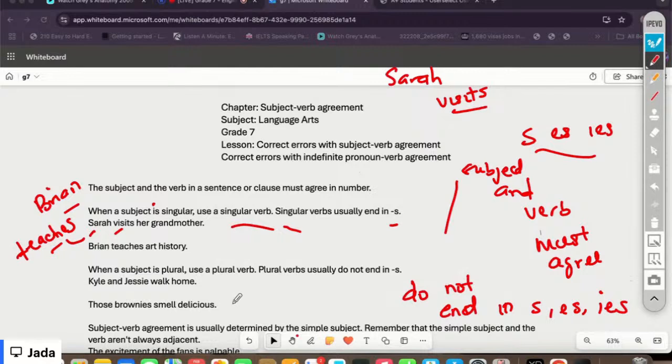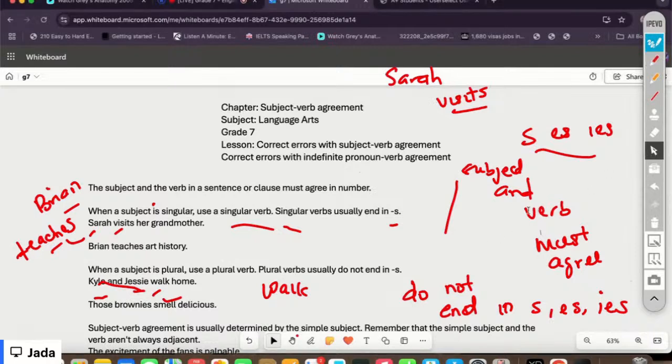When we have plural, we know that it's more than one person. Just like we have, Kyle and Jesse walk home. You can see that Kyle and Jesse is plural because it's two people, and the verb walk here has no s or anything. So it's just a plain verb.